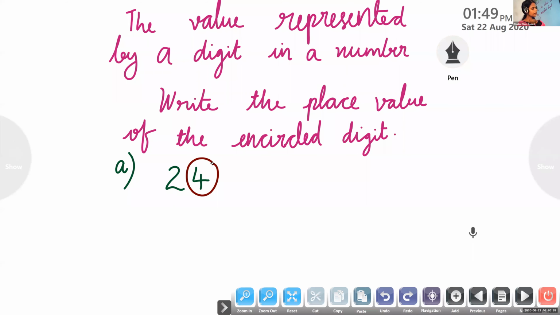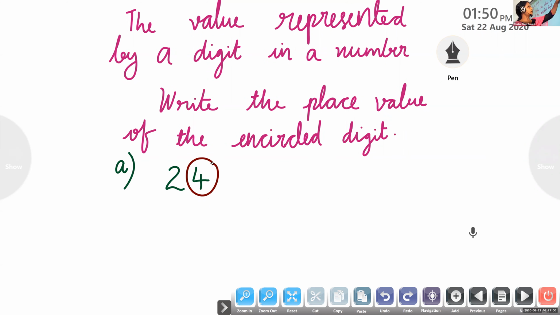Write the place value of the encircled digit. We have the first question, that is A, 24. In the number 24, 4 is encircled.